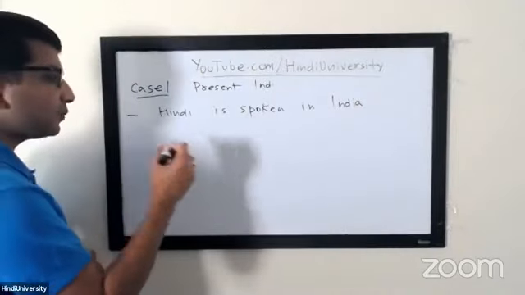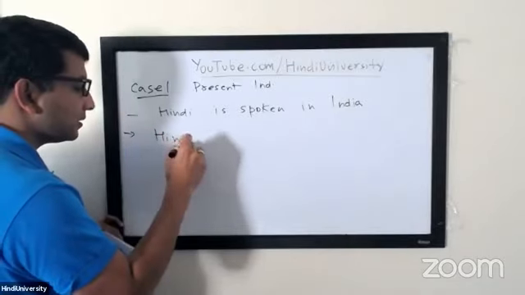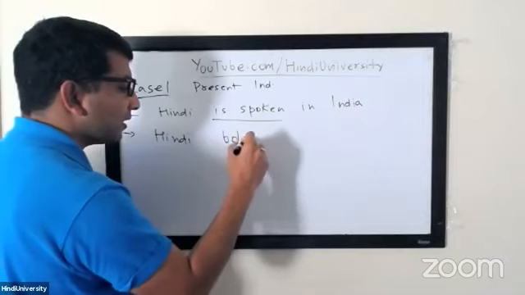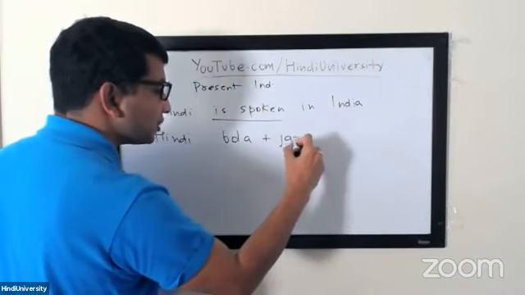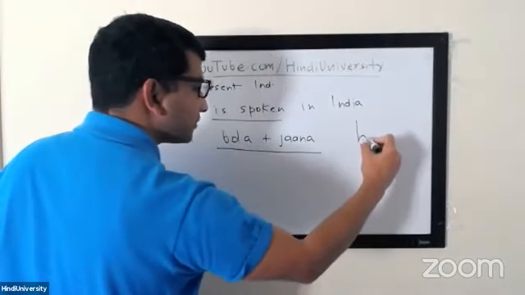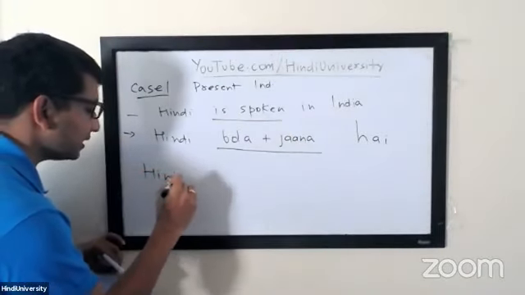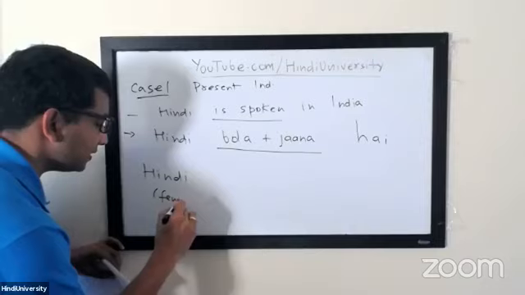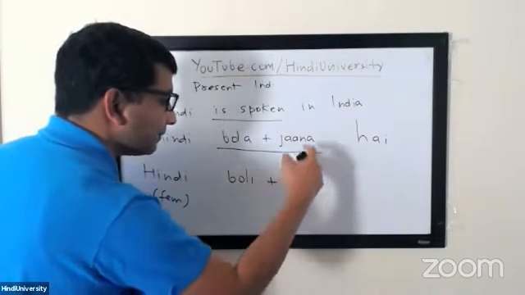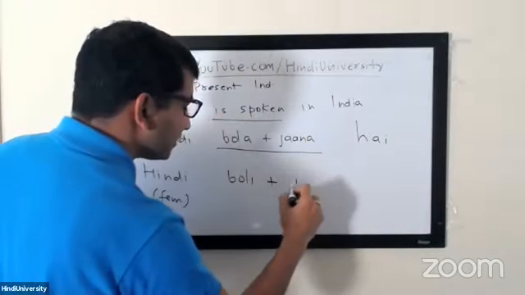You're simply saying Hindi is spoken. Here you will really say Hindi and then is spoken. How do you say that? You will take the verb bola plus jana. That's how you start. Let me underline it so you know that I'm still working on it. Then you will come back here and say Hindi, and because it is feminine, it will be boli. And because it is used in present indefinite, you will put here jati.